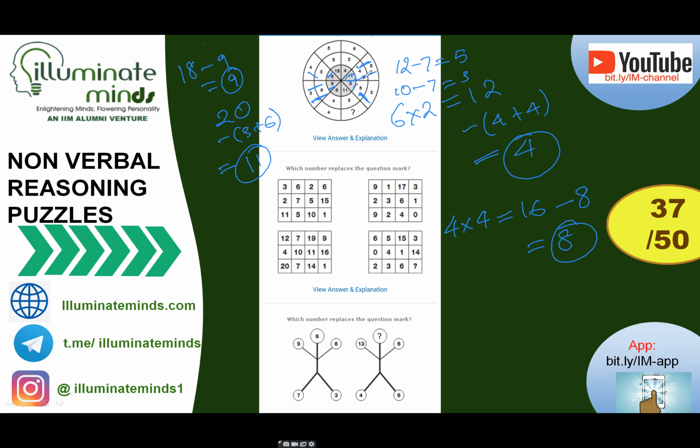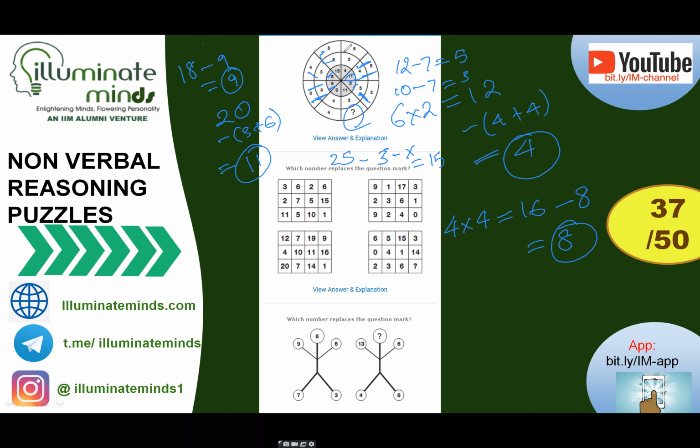I hope it's okay. So I need to find out this question mark. Now how will I do it? So 5 into 5 is 25. 25 minus 3 minus x should be equal to 15, isn't it?